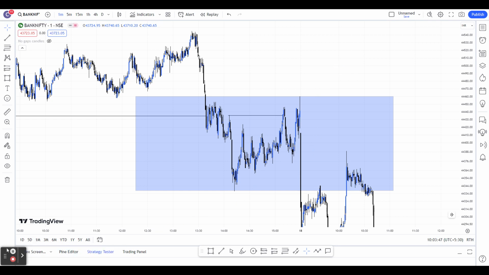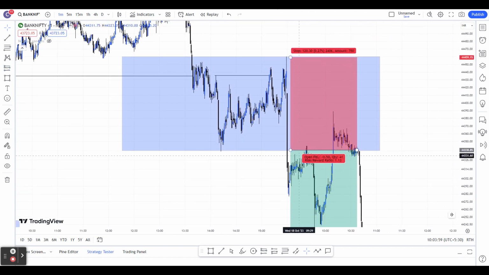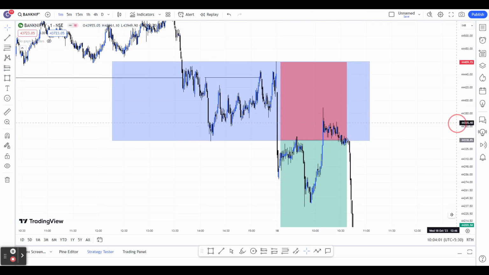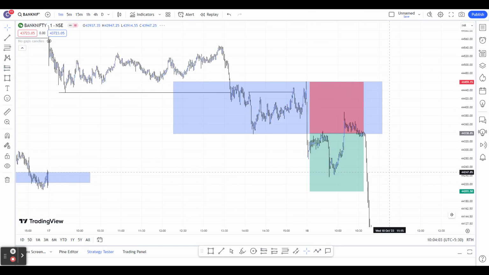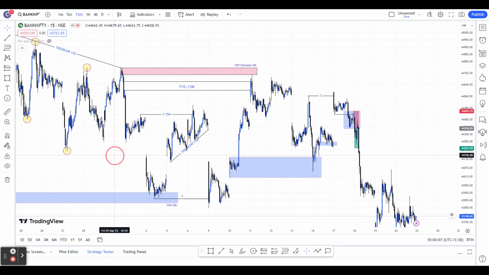Okay, now I am going to take entry in this order flow from this level, putting the high here, almost 120 points. Okay, this is going to minimize, but for now this is that big.